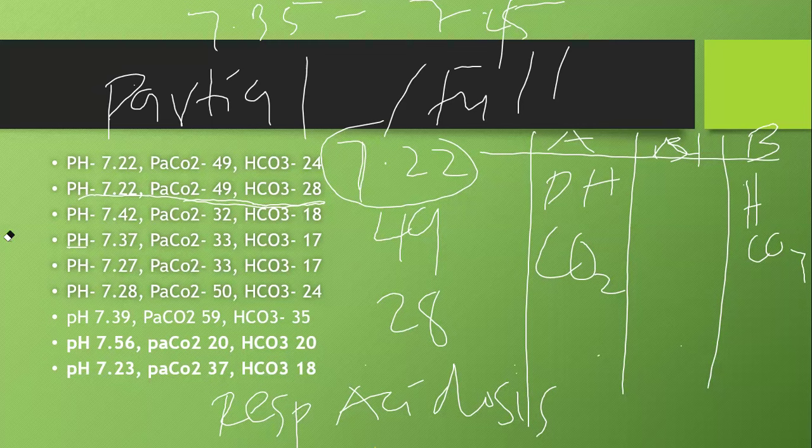Yes, sir. So now we have been able to understand when compensation is taking place. Now, what I want you to understand is whether it is fully compensated or partially compensated. It is partially compensated because even though the bicarbonate is trying to pull the system back to normal, the pH is still within the abnormal range.